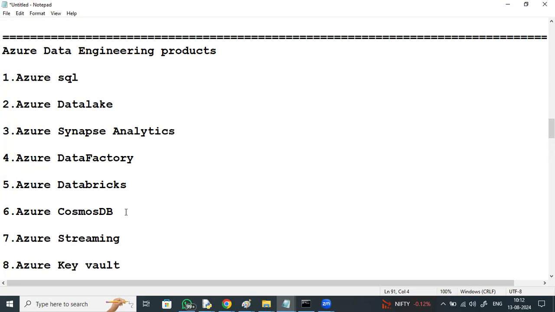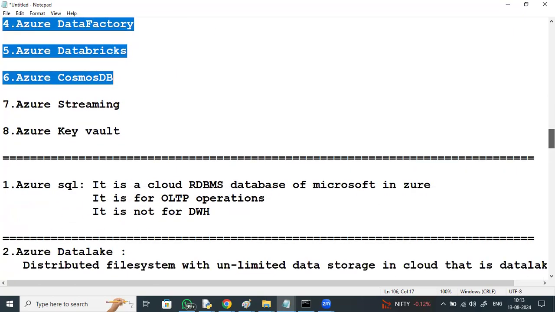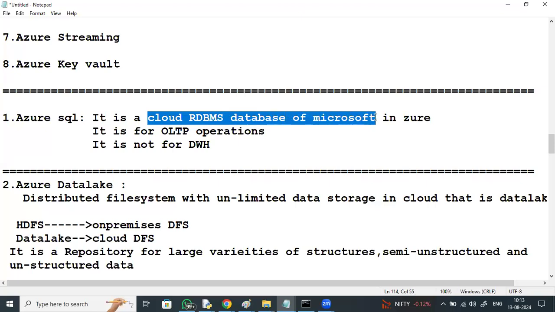So as an ADF developer, Azure Data Factory developer, Databricks developer, or Azure Data Engineer, you are going to interact with these services, right? I will give an overview. Azure SQL, right? It is a cloud DBMS database of Microsoft in Azure.